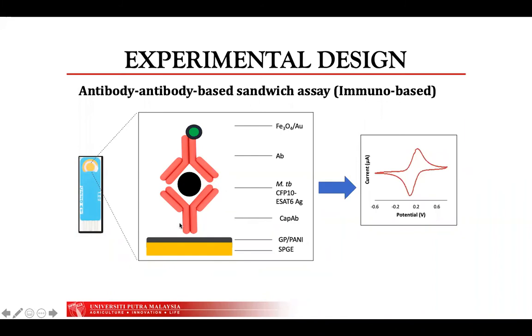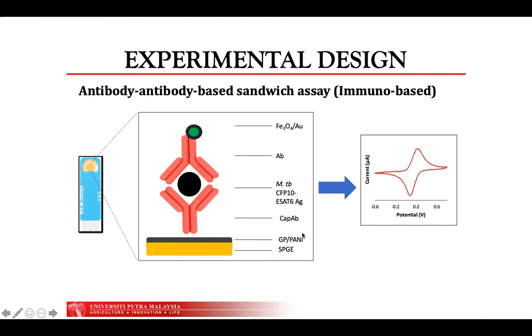This is basically the cartoon structure, showing the modification of the electrode and the immuno-based structure. In this modification of the electrode, we are using an antibody-based approach, where the antibody is immobilized on top of the electrode.